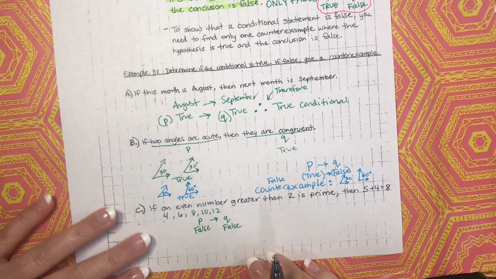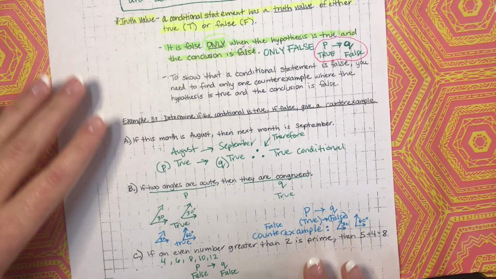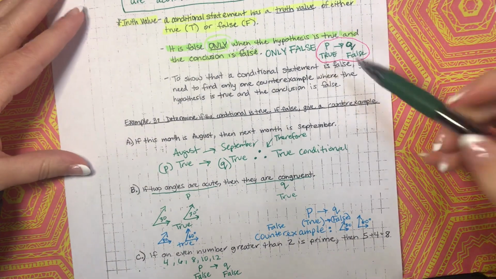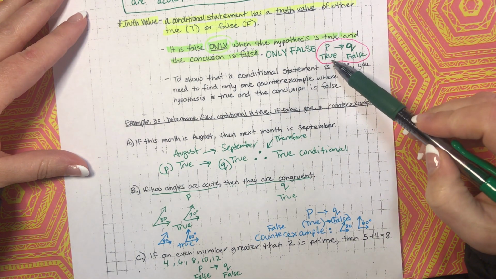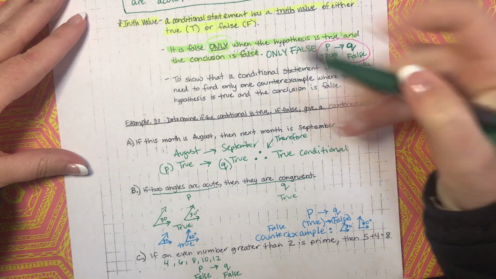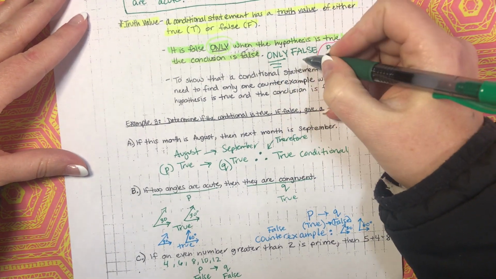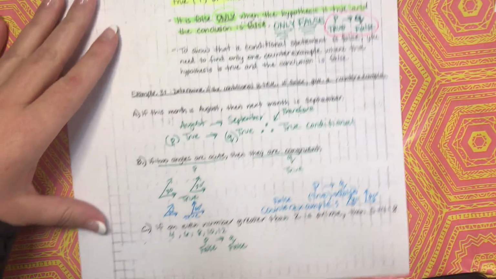But the interesting thing is, if we go back up here, when we're talking about truth value, it says it is only false when the hypothesis is true and the conclusion is false. That's the only time it's false. So is that the case down here?